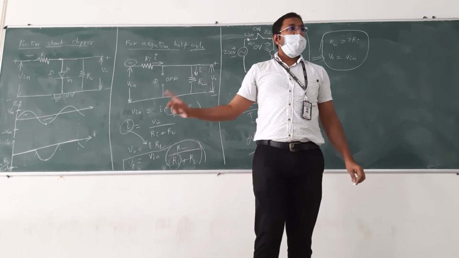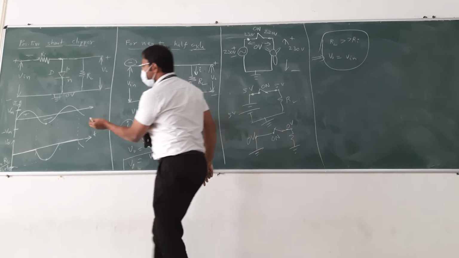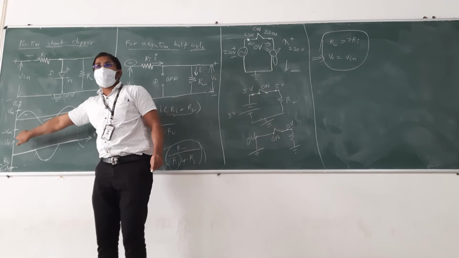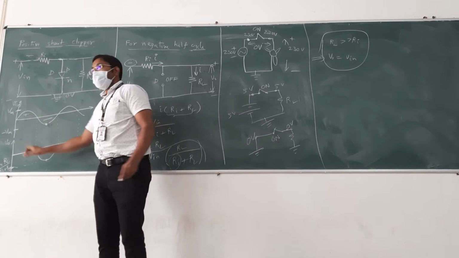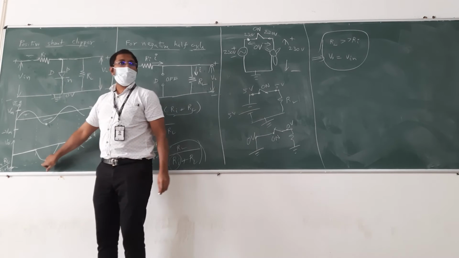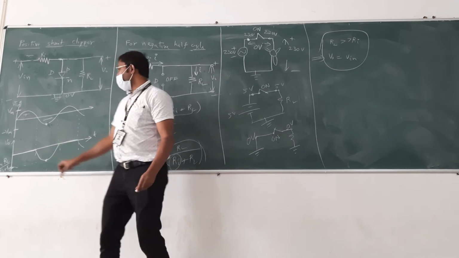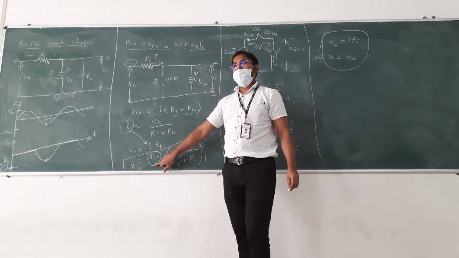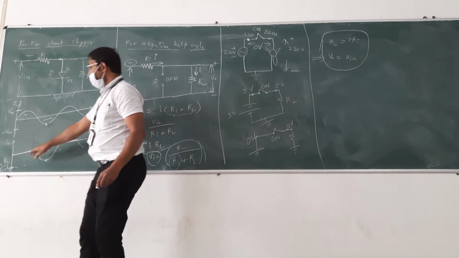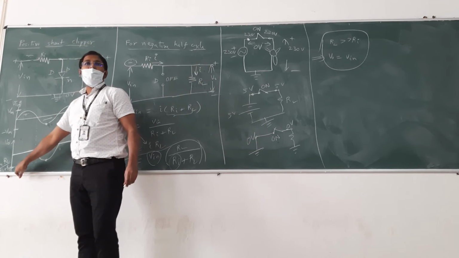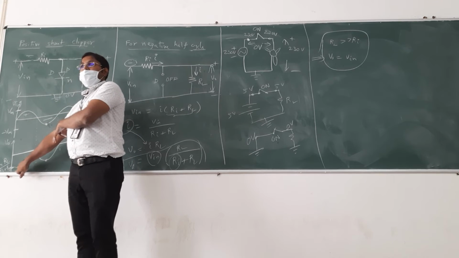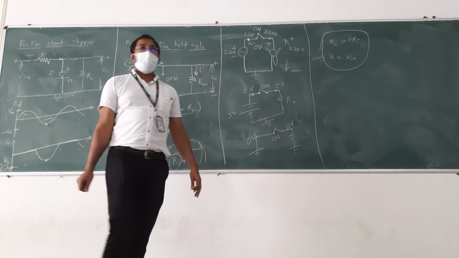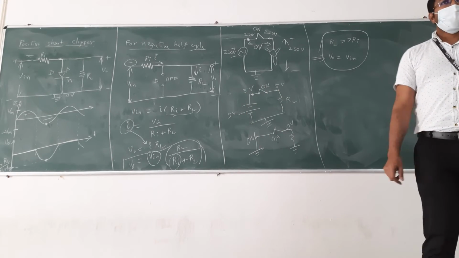Okay? That will be minus because at this point, what is V in? At this point, V in is minus Vm. So the corresponding output at this point will be, in place of V in, you substitute minus Vm. So minus Vm into R_L by (R_i plus R_L). Are we able to see? Okay? Fine. Any doubts? Okay, fine.